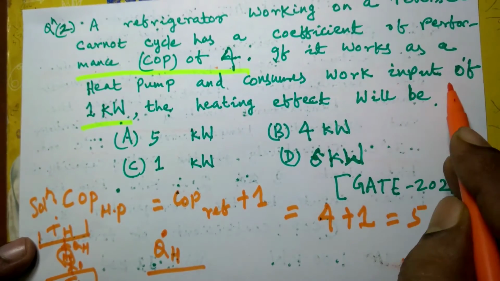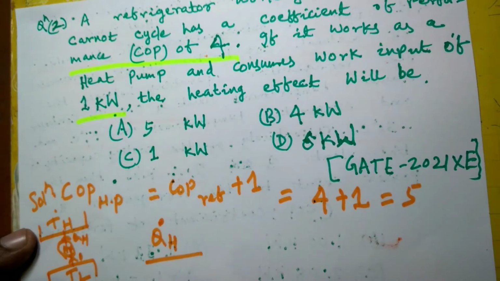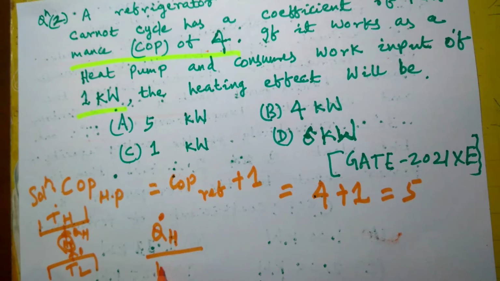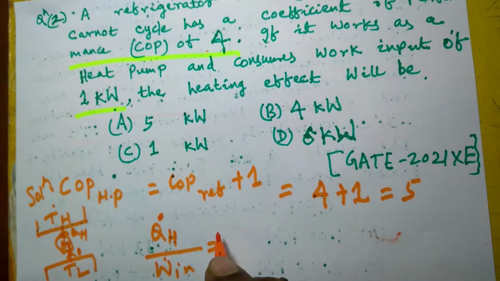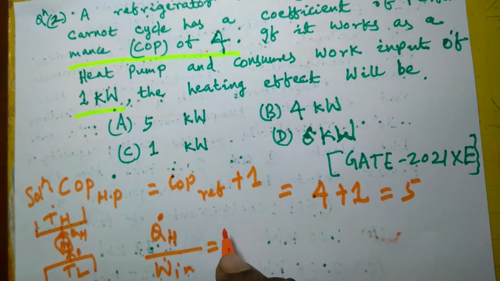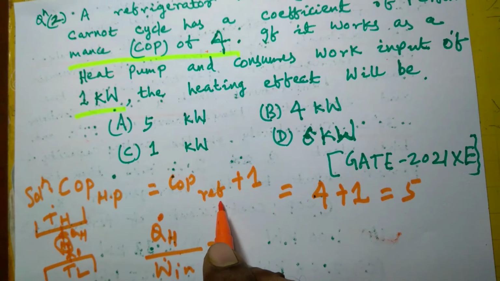It consumes a work input of 1 kilowatt, that is W dot in, and this is the COP, and we have calculated the COP of heat pump is 5, because you know COP of heat pump is always greater than COP of refrigerator by 1.